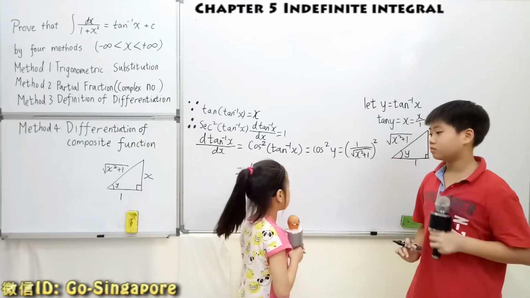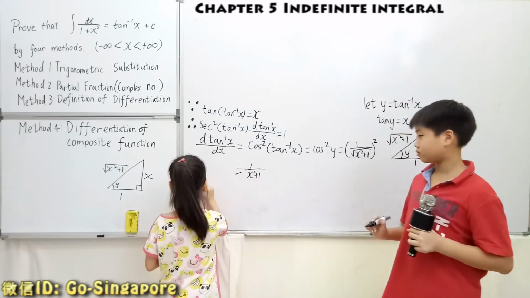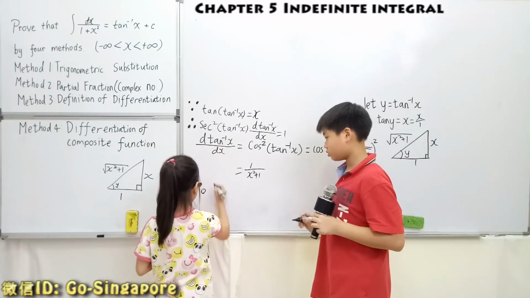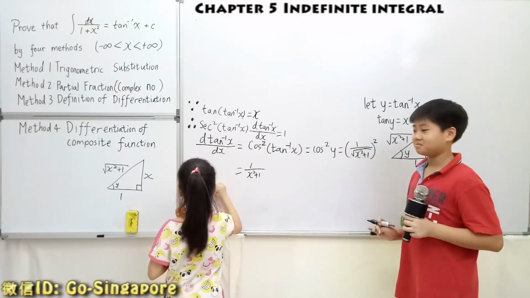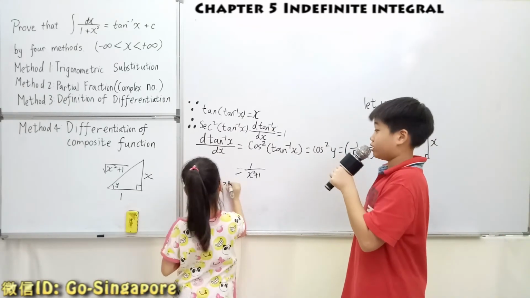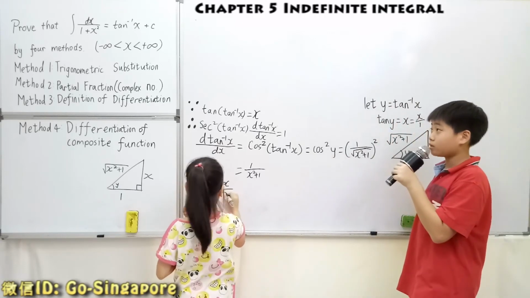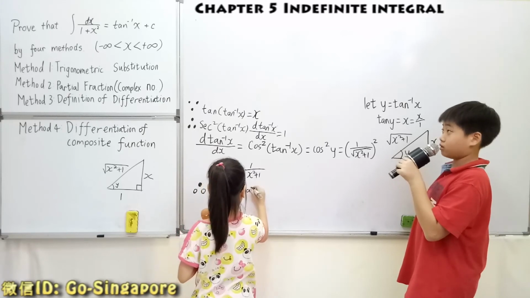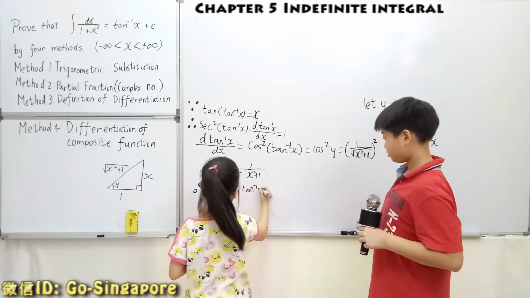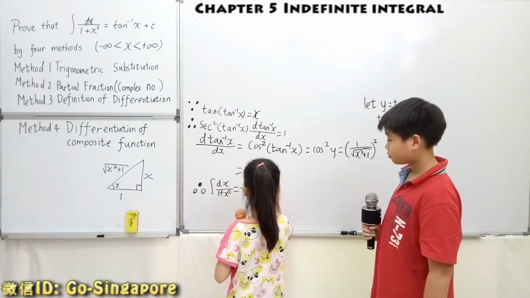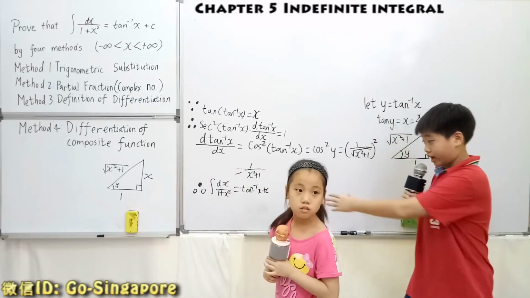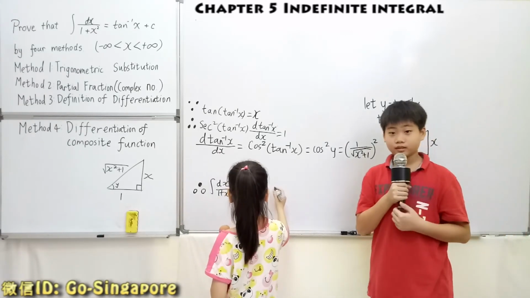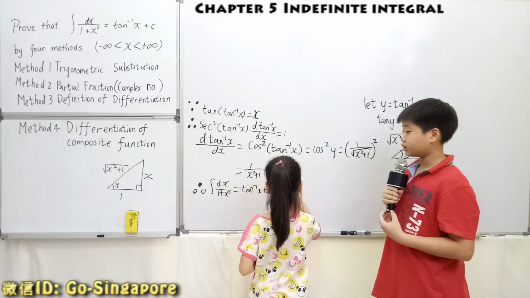So the integral dx over 1 plus x squared is equal to inverse tangent x plus c. Proven, or shown.